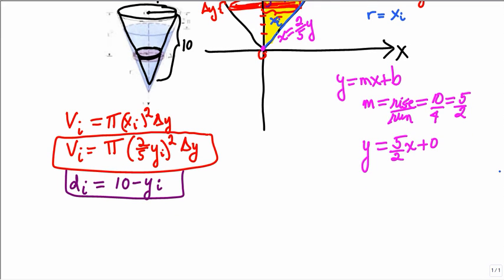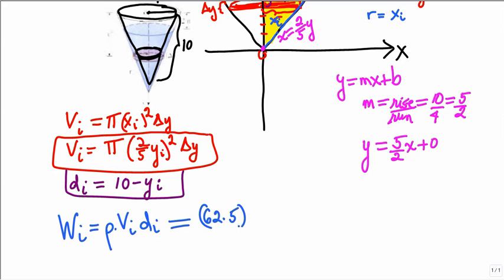So now we're ready to get work. Work, W sub i, is density times volume times d sub i. The density of water is 62.5. V sub i is pi times (2/5 y sub i) squared, times delta y, and then d sub i is 10 minus y sub i.